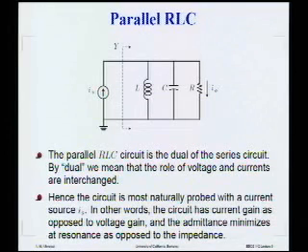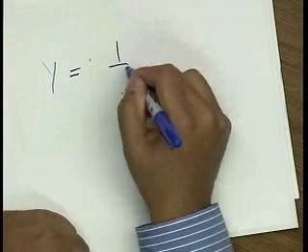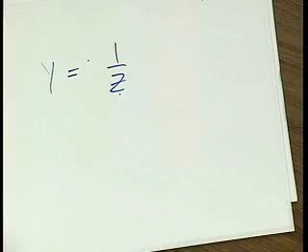Could you go over the concept of admittance a little bit? Okay. So admittance Y is 1 over Z. It's just mathematically more convenient to discuss admittance than it is to discuss impedance. In fact, we'll come back and talk about impedance as well.